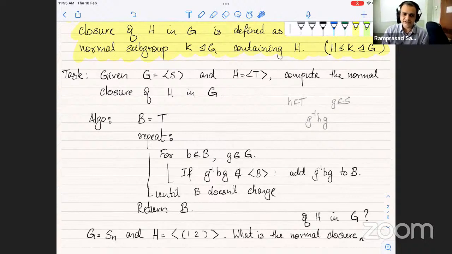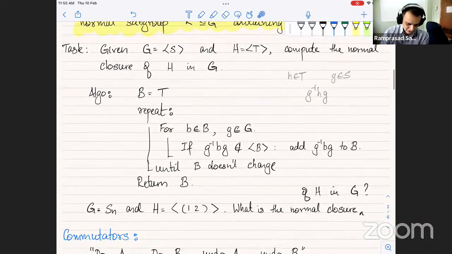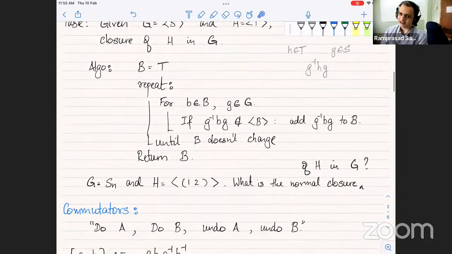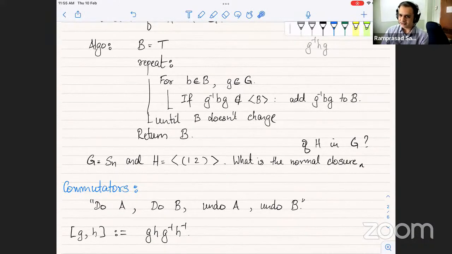Okay, so much for normal subgroups and normal closures. Hold on to the thought of conjugates, because those will make their appearance soon. Then there is this notion of what are called commutators. These are operations of the form: do something, do something else, undo the first thing, undo the second thing. These are expressions that look like g h g inverse h inverse.